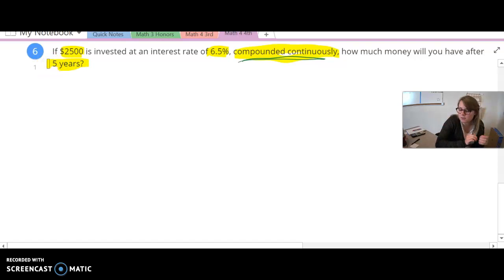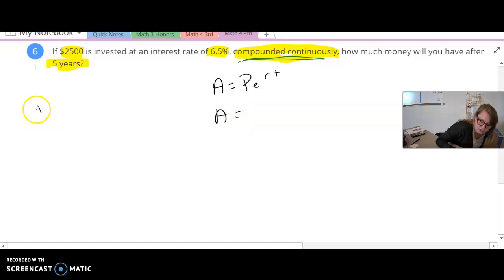Because it's being compounded continuously instead, that tells me that we're going to use A equals P-E-R-T. Again, we're going to try and find A this time, but we need to identify P, R, and T. P is the 2,500, the initial amount.